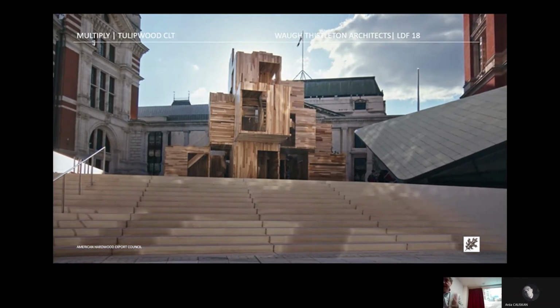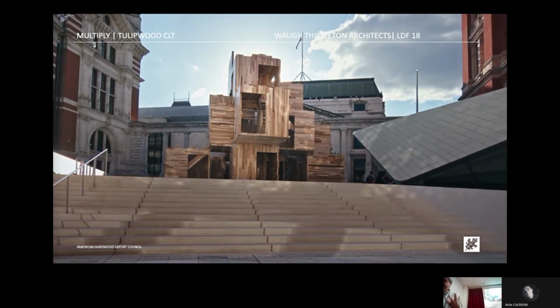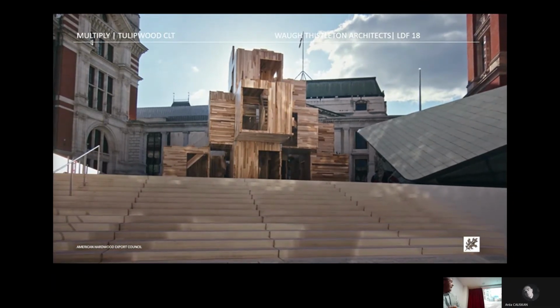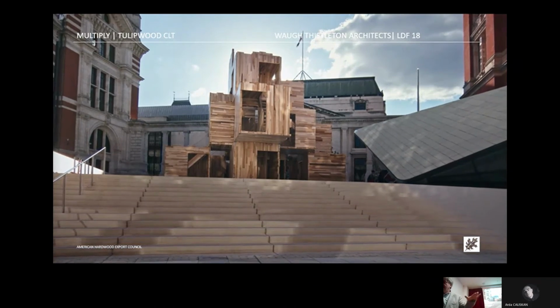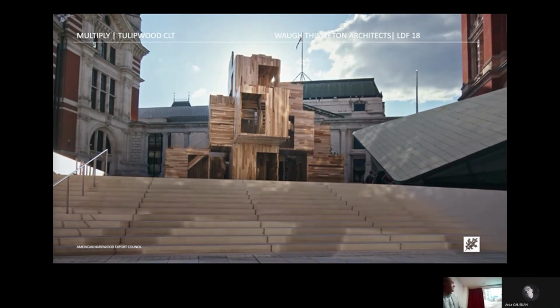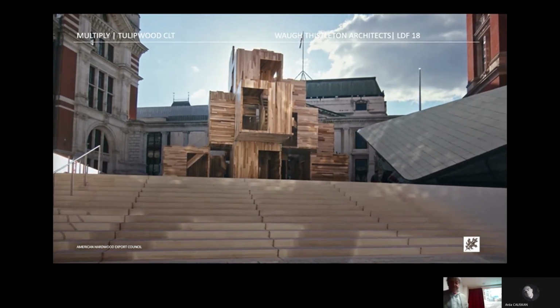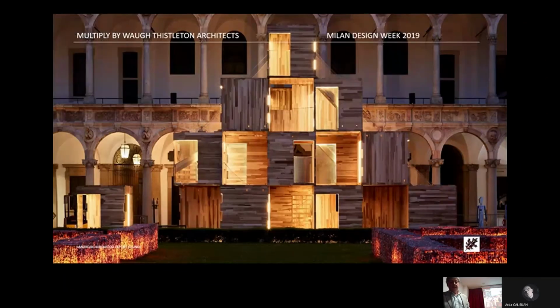So that was in the Sackler Courtyard in London of the Victoria and Albert Museum. And again, the weight was constrained because that is actually a ceiling above an atrium underneath. The beauty of this is that you can transform it into different layouts.